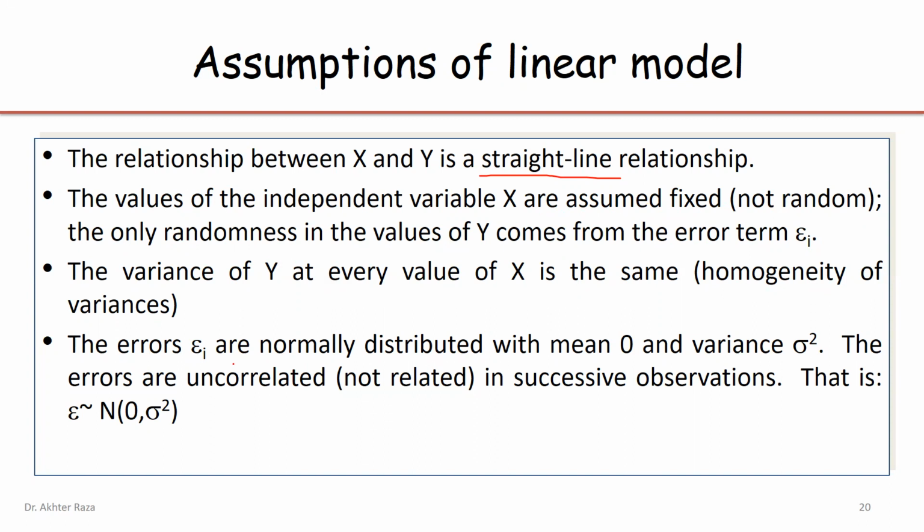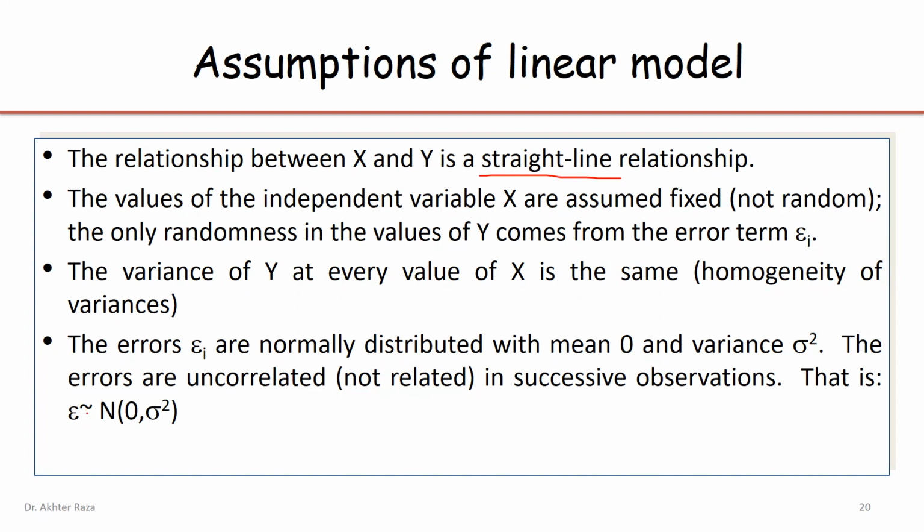The errors are normally distributed. This is one of the very important assumptions about the error, and the mean of the error will be zero, and the variance of the errors will be constant, which is sigma square. Errors are uncorrelated. There is no relationship between the different values of error, that is, the successive observations.